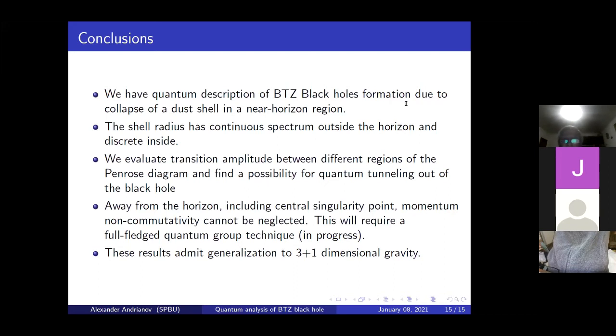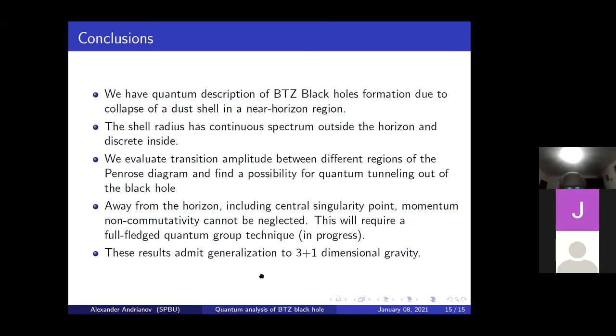Transition amplitudes between different regions of the Penrose diagram were evaluated, and we discovered a possibility for quantum tunneling out of the black hole, which is not possible in the classical limit.